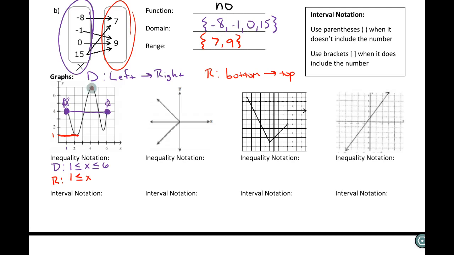But it doesn't quite look like the top part of the graph reaches that 7. So we're just going to use less than 7 here because it's not quite hitting that 7. I'll make sure on a quiz or a test that it's obvious and that you can see it. Now interval notation.